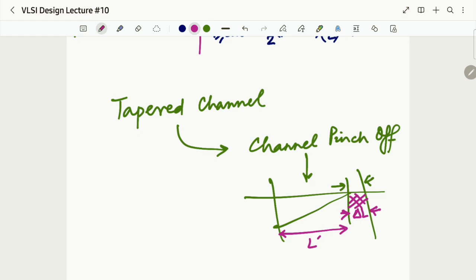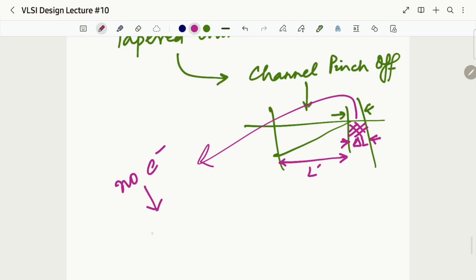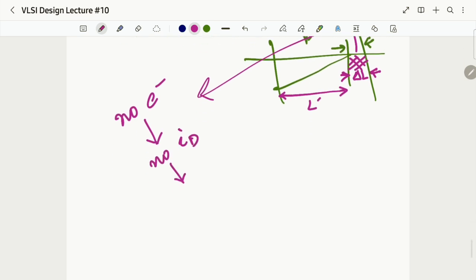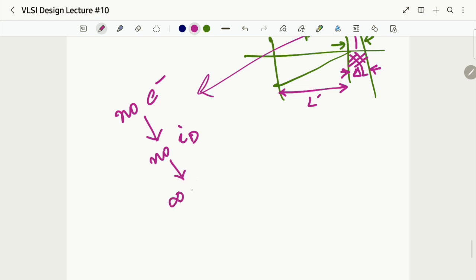So our channel length reduced. There is this portion, there are no electrons left, means depletion region. If it is depletion region, means what? In this region we have no electrons. No electrons means no current. No current means infinite resistance.